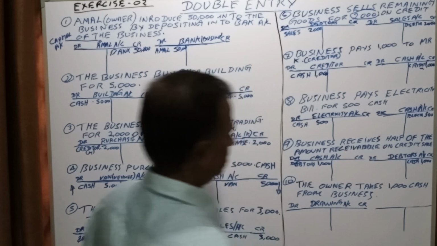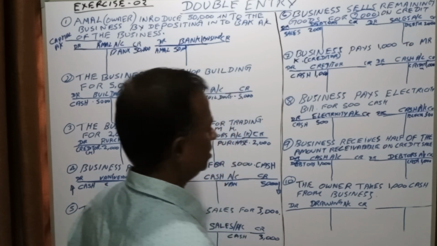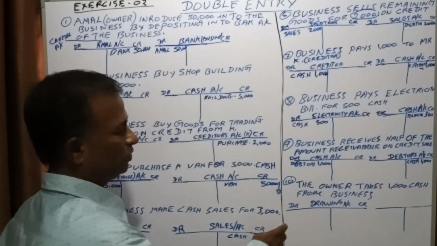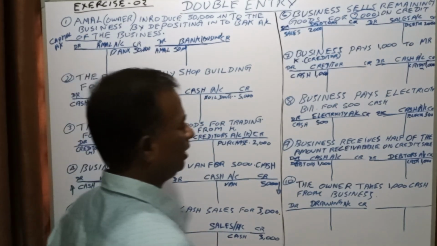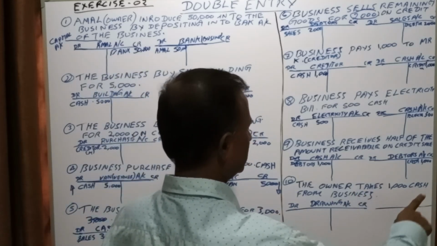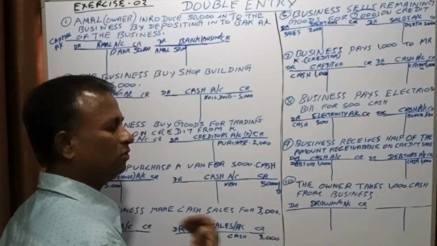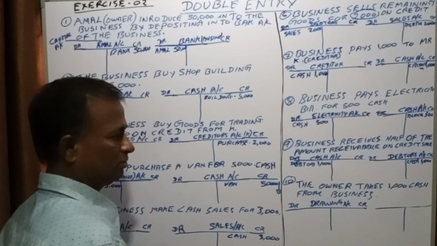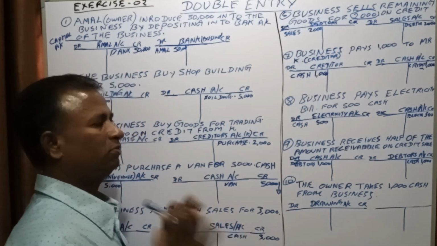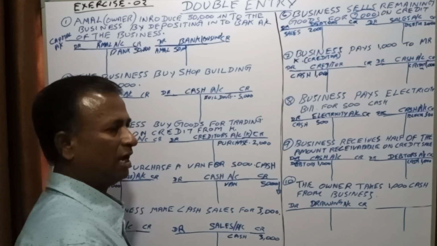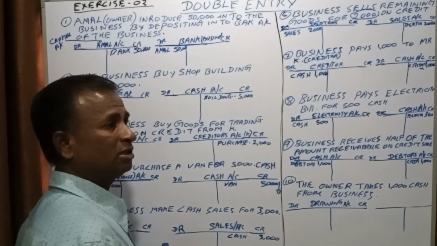One account is drawings, or we can charge it to the capital account, but here I prefer to charge it to the drawings account. At the beginning itself I want to guide you correctly. The owner takes 1000 cash from the business, which means that is drawings. You are taking money out of the business, right? You are separate, the business is separate. You are a different person from the business, so the transactions have to be segregated and treated accordingly.